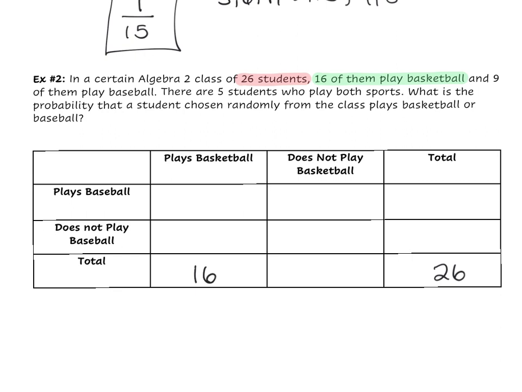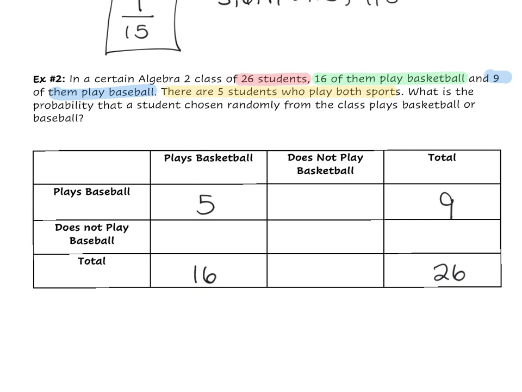Then it says 9 of them play baseball. So the grand total for baseball needs to be 9. So that has to go in the corner here. And then it tells us that there are 5 students that play both sports. So the intersection, plays baseball, plays basketball, right in here, would be 5.